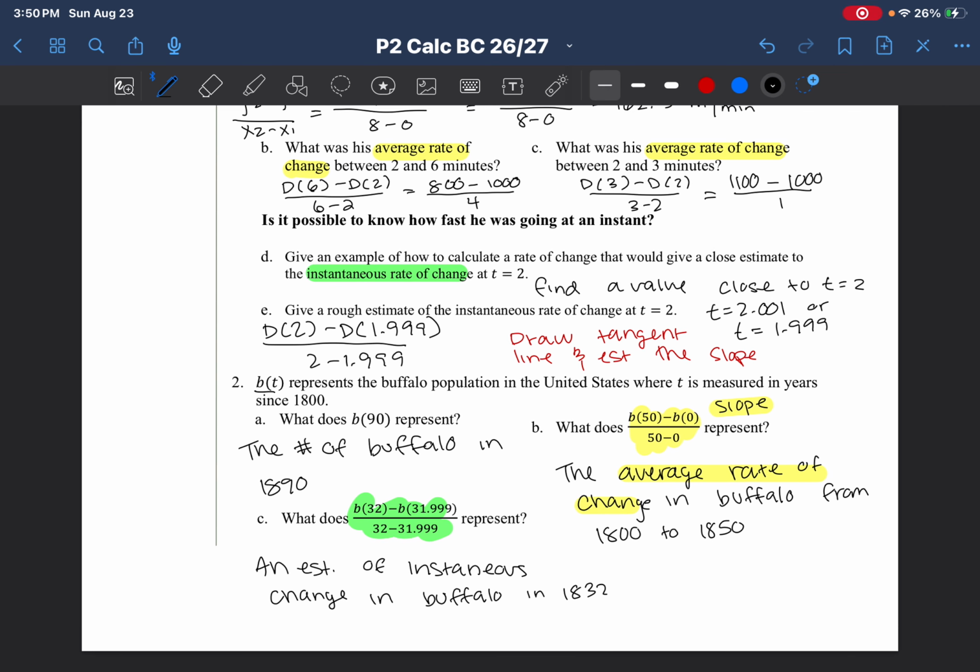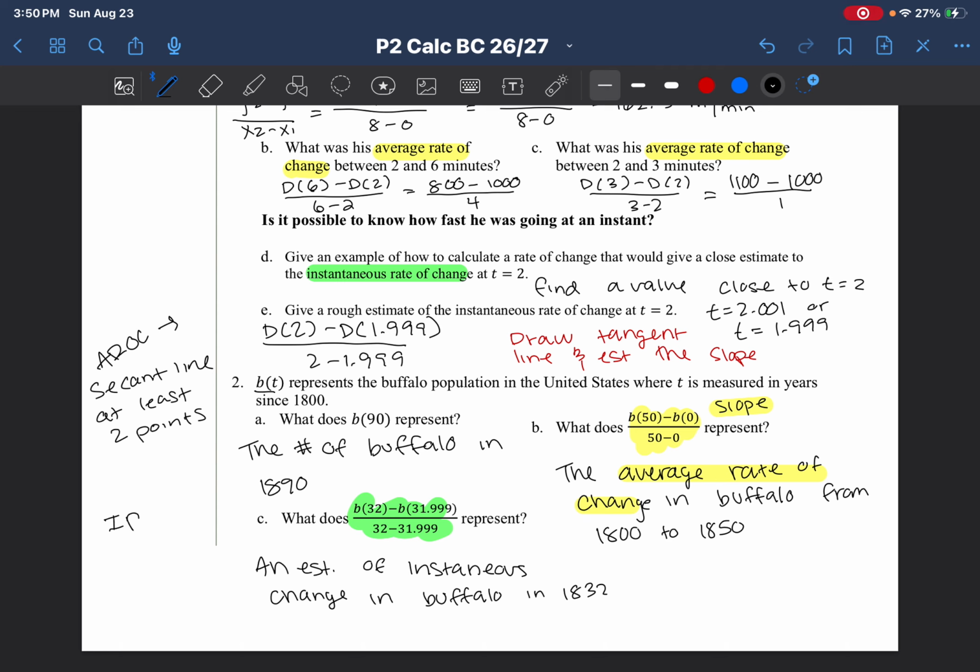Okay, so just to summarize here, we had average rate of change, which we can abbreviate as AROC. Remember, we find that by a secant line, and we need at least 2 points to estimate.